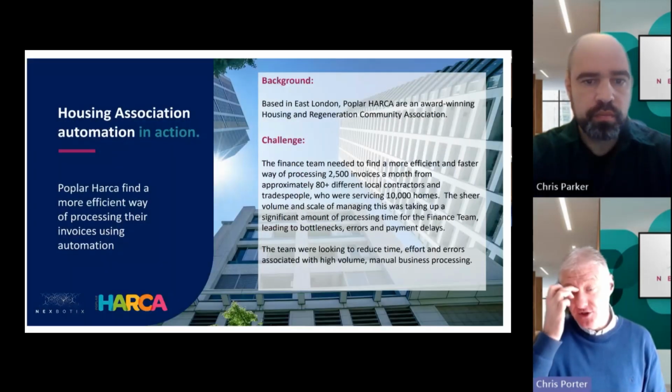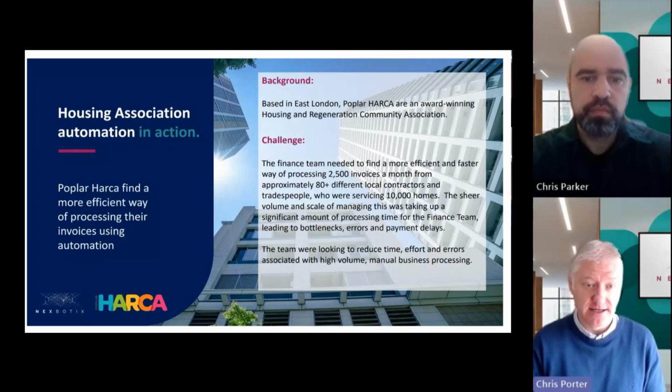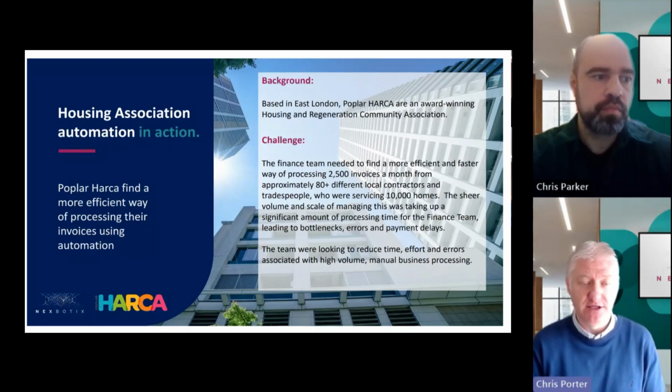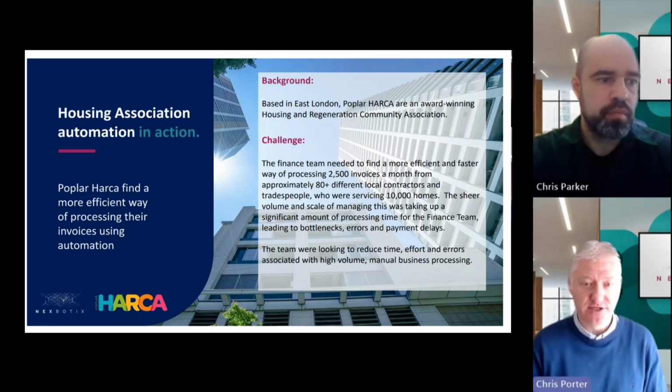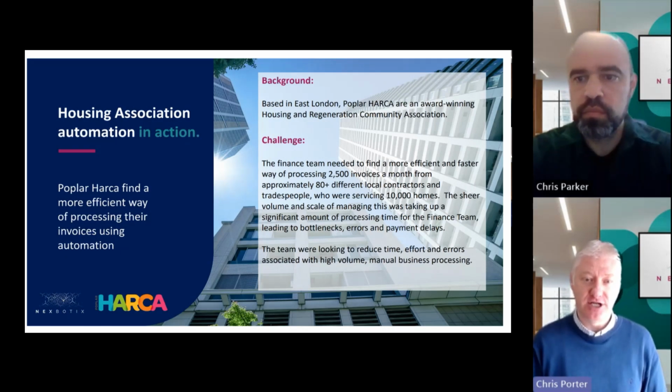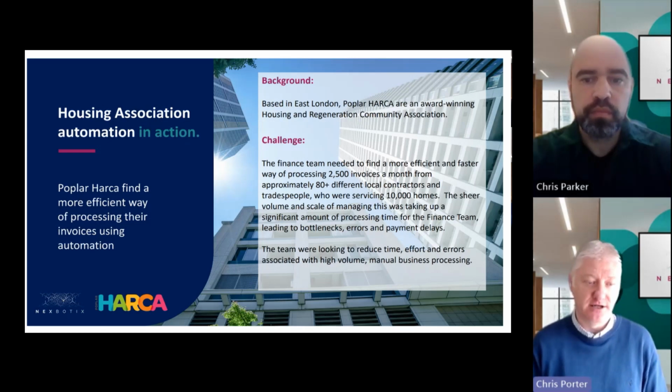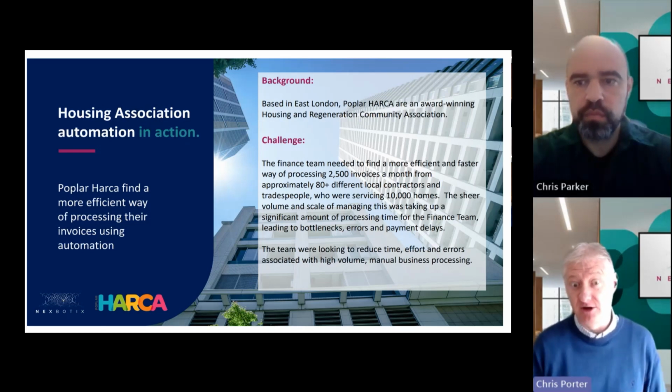So if we now move on and talk about a particular use case in the housing association environment. Popular Harker are one of our housing clients, a pretty large association based in East London, with around 10,000 homes under their environment. In fact, they're probably going to be growing from that fairly soon as well.